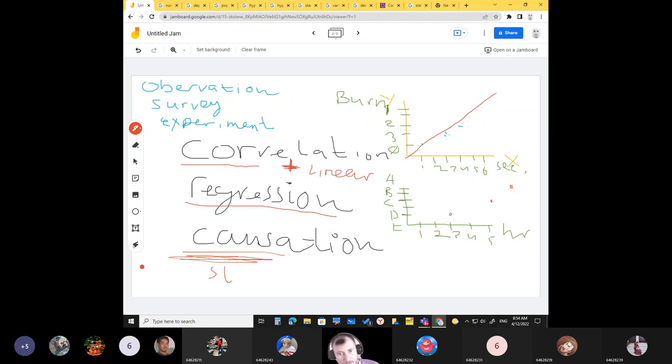Strong, weak, or no relationship, right? Positive and or negative. Strong positive, strong negative, weak positive, weak negative, no relationship, no observable, right? We did experiments, we don't see any relationship, right?